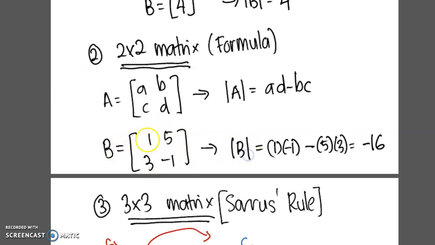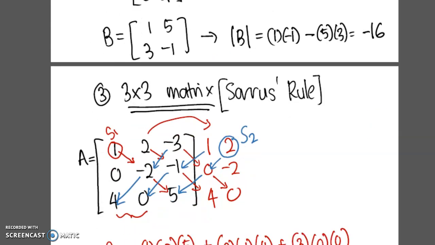So the determinant is 1 times minus 1, minus, always minus, 5 times 3. So you cross the numbers. This is negative 16. This is special for 2 times 2.